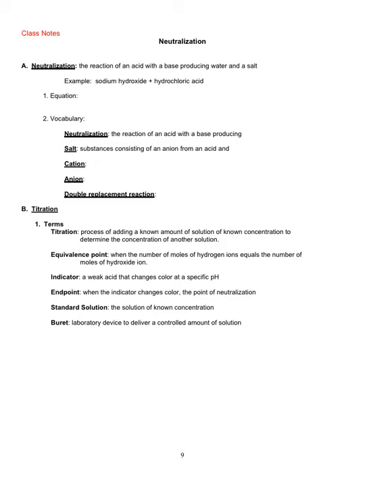Okay, so this lecture talks about neutralization. Neutralization is when you have an acid and a base put together, they are going to neutralize each other out. If you remember when we talked about the pH scale, the acids fall down on the 0 to 6, and then up here you have 14.